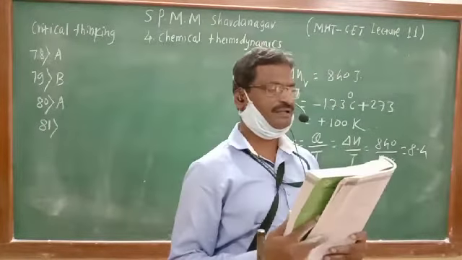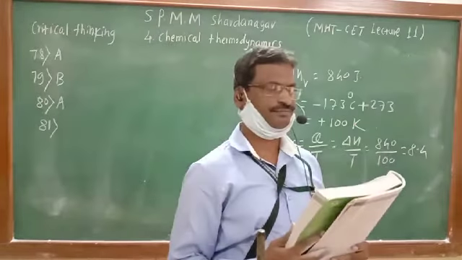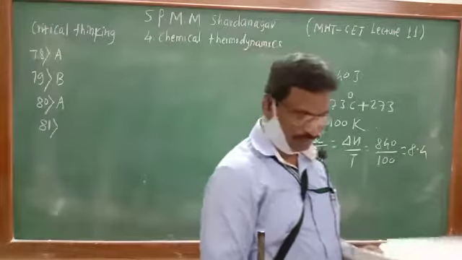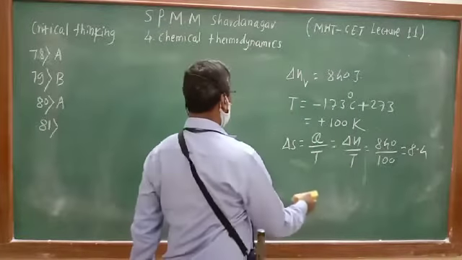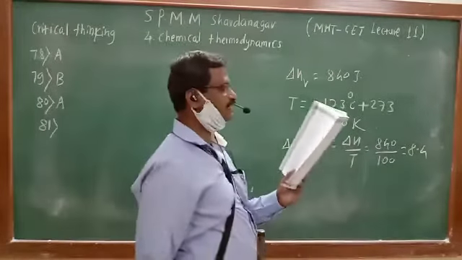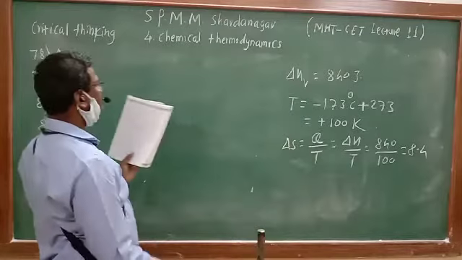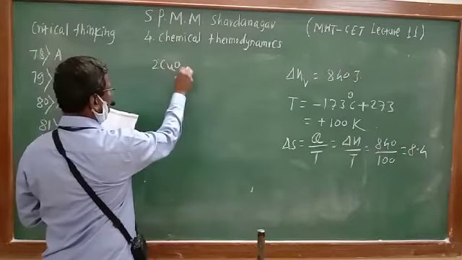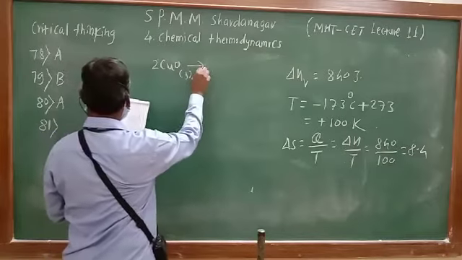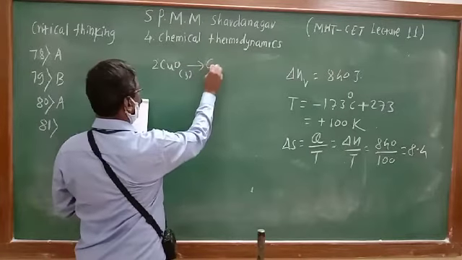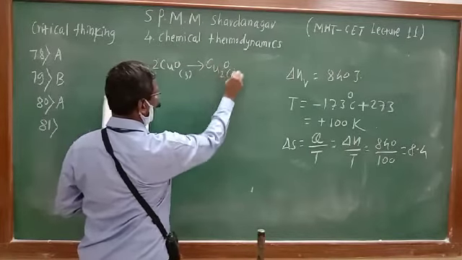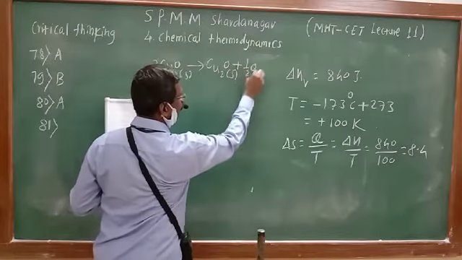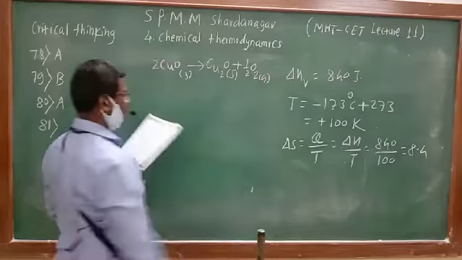Now question number 81. We have to calculate the free energy change for one reaction. They have given the reaction 2CuO solid giving Cu2O solid plus half O2 gas.